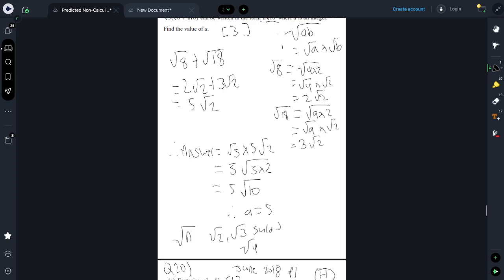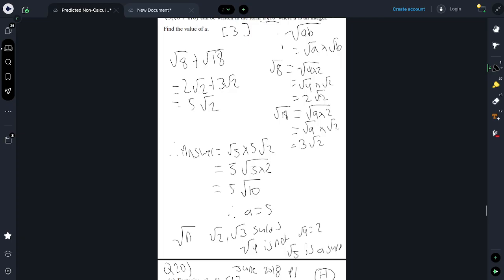But root 4 is not, because root 4 is 2. That is a whole number. That is not like a decimal. But then root 5 is a surd because 5 is not a square number. So really, the number just can't be a square number. So that means that this doesn't give a whole number.